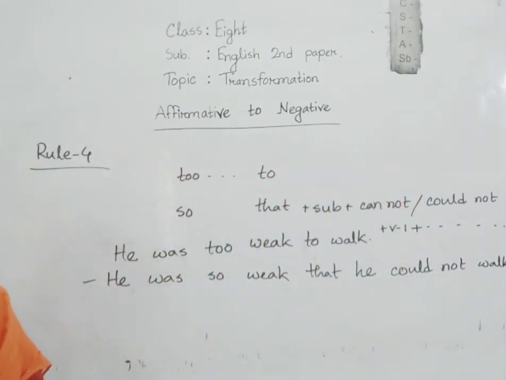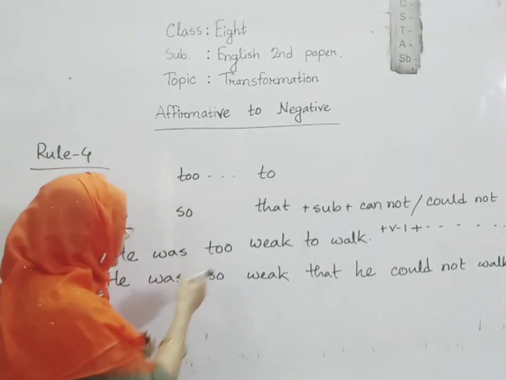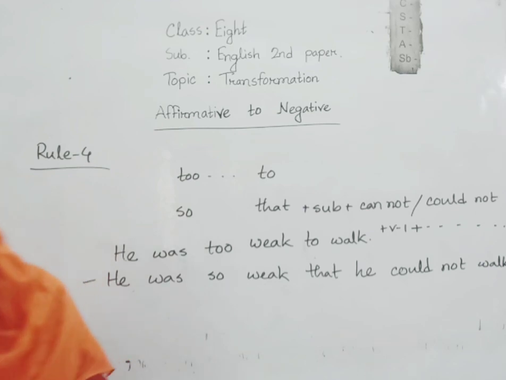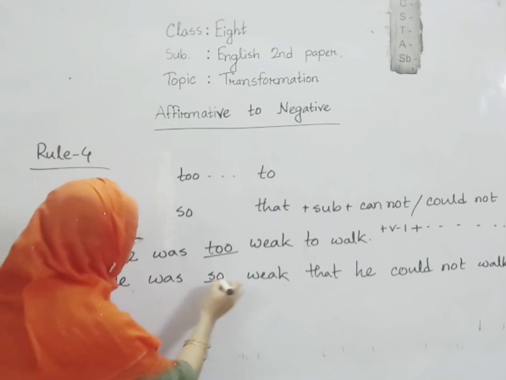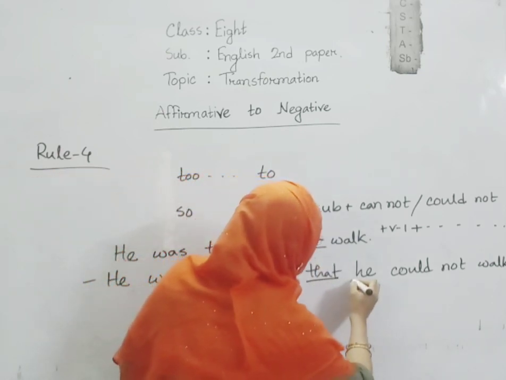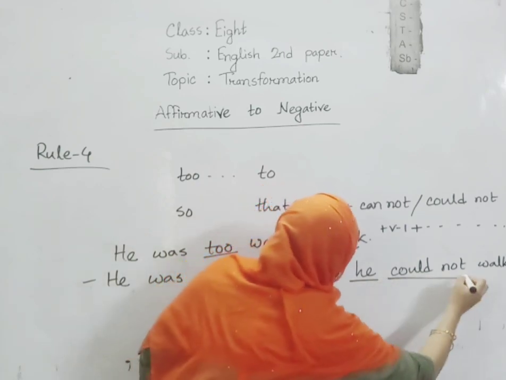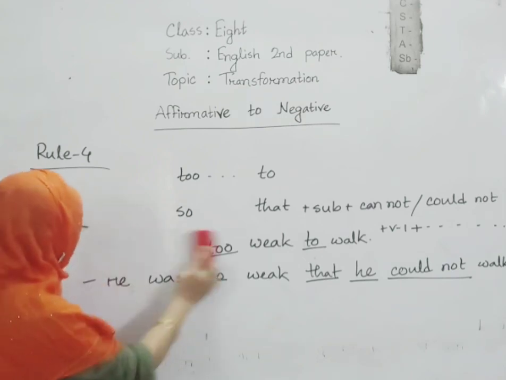That's the answer. Isn't it so easy, dear viewers? Here, the changes are: for too, here is so; for to, here is that, subject could not. Okay, I am giving you another example.